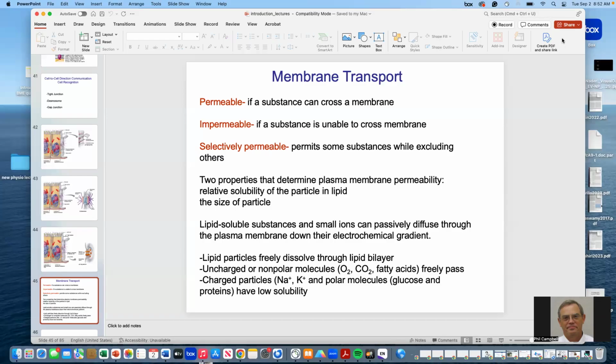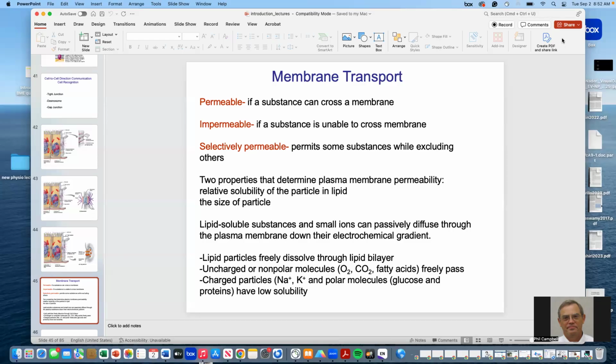All right. Charged molecules such as sodium, which I talked about a little bit ago, potassium, which is also a positively charged ion, as well as glucose and proteins, don't. And I've already told you what helps them are these transport proteins. Okay, so let's move into that.